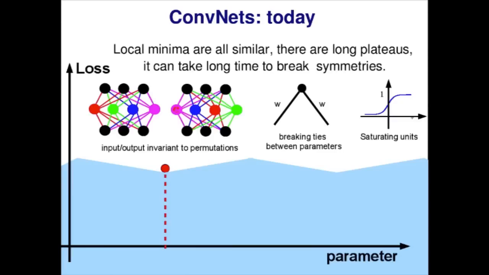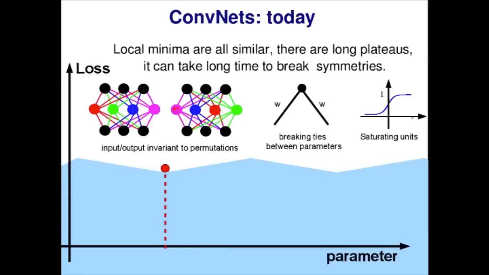And the problem is long plateaus. And these plateaus are the result of a lot of symmetries, derived from the fact that you can, for instance, permute all the hidden units and get the same input-output function. If you have a lot of parameters, you can have a lot of ties to break. It might take a long time to break them.